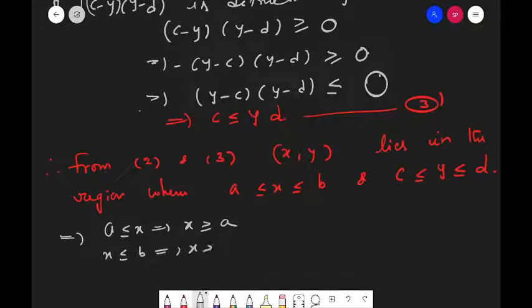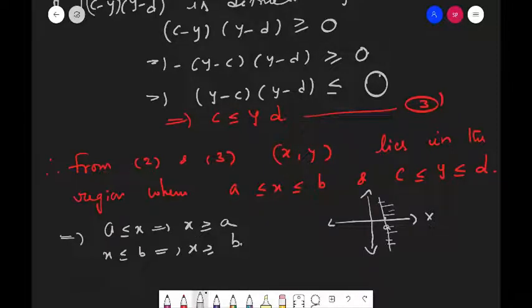That means if I have an xy plane, if this is the x-axis, what do you mean by x is greater than or equal to a? Suppose a is here, that is x is equal to a. It gives you x is greater than or equal to a.